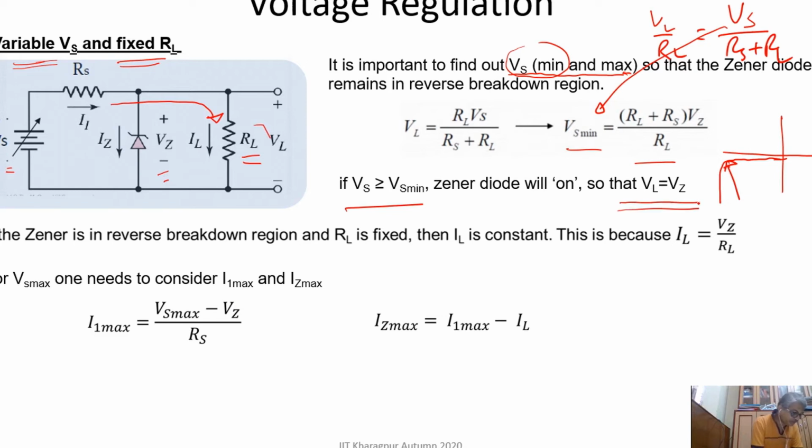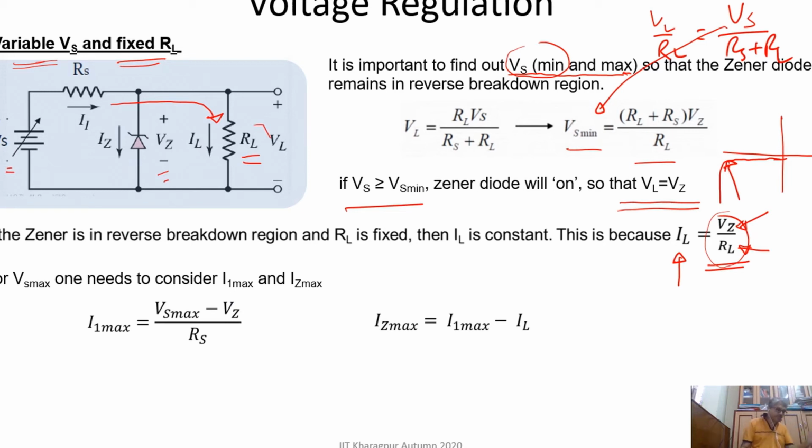What about Vs max? Vs max can be found out in the same manner as we did in the last slide. Here IL is constant, and IL can be found as VZ over RL, because VZ is constant and RL is constant. In this case RL is not varying, so we can say that IL is constant.